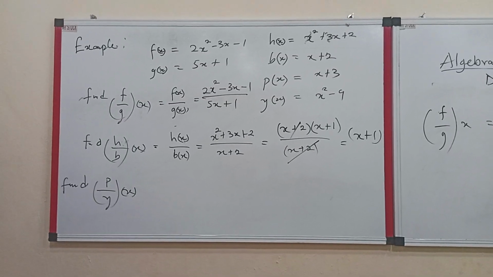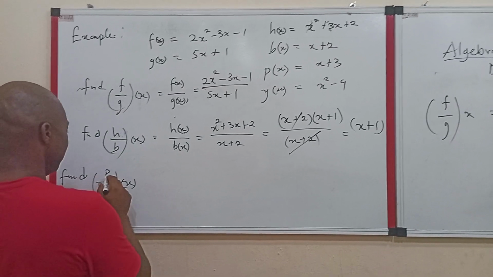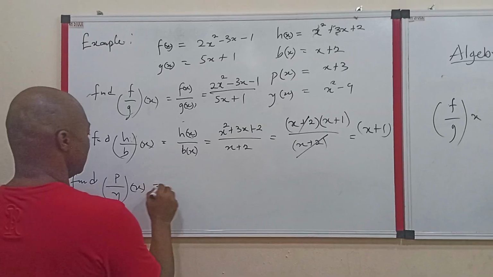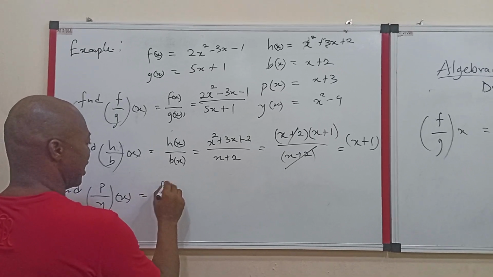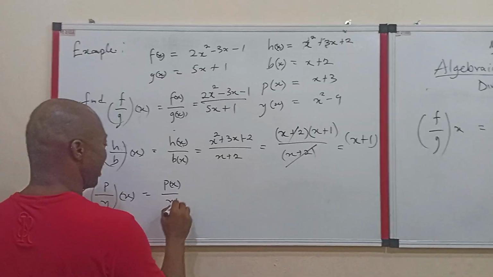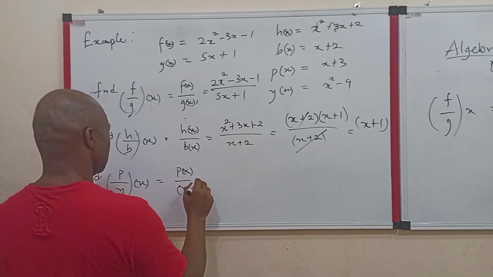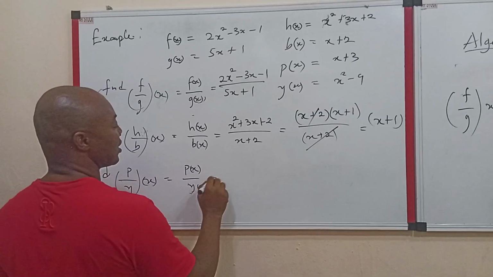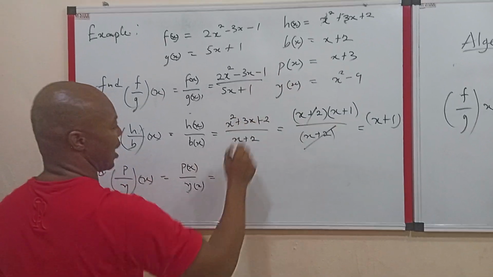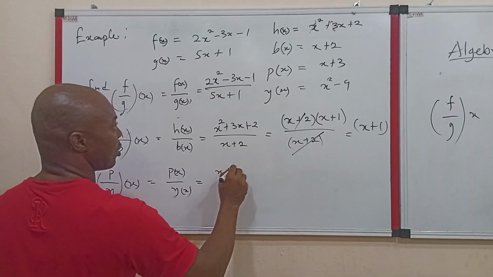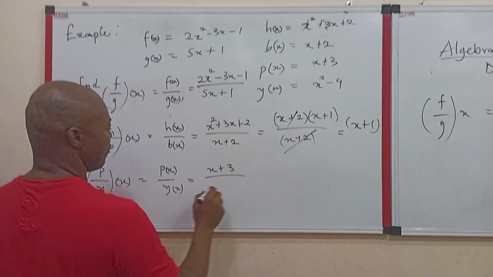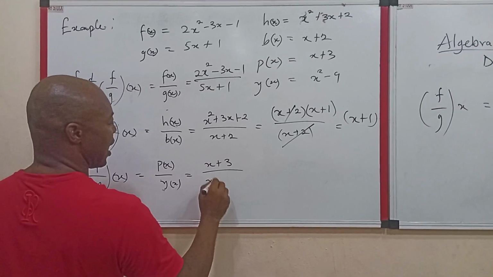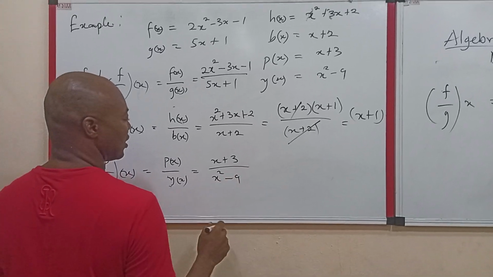And in like manner, if we have this other last one, it implies p of x all over y of x. And p of x we have as x plus 3 all over y of x we have x squared minus 9.